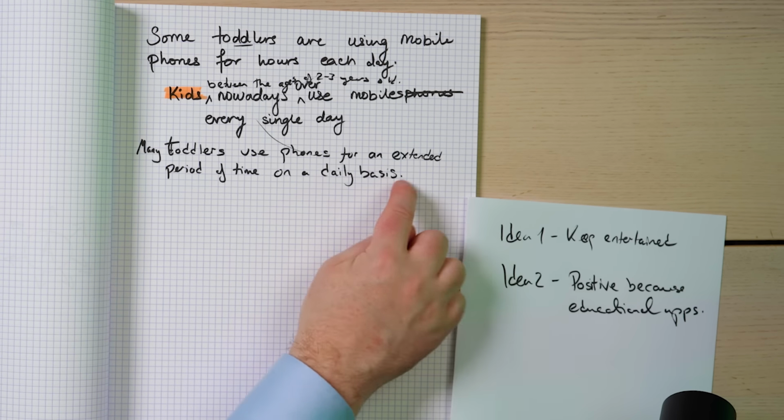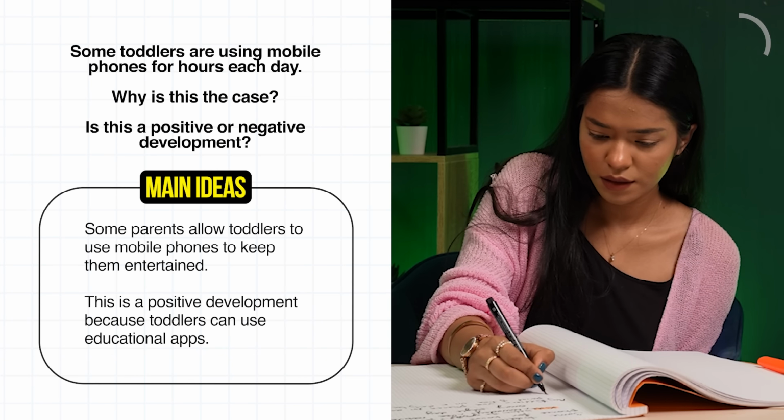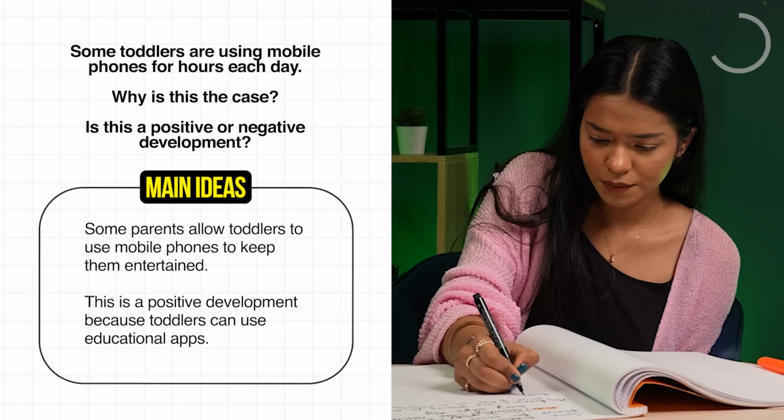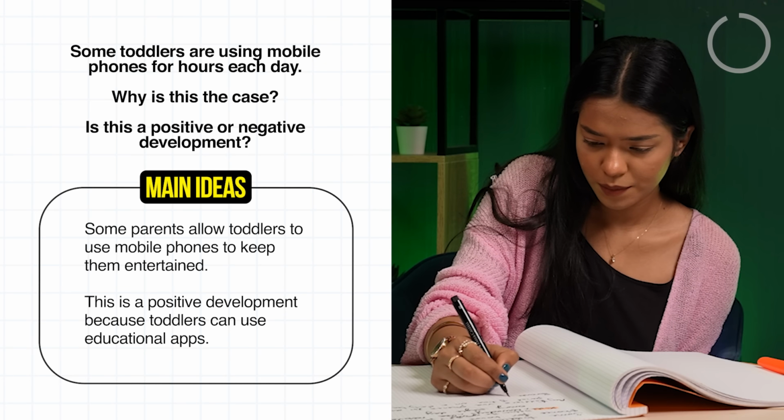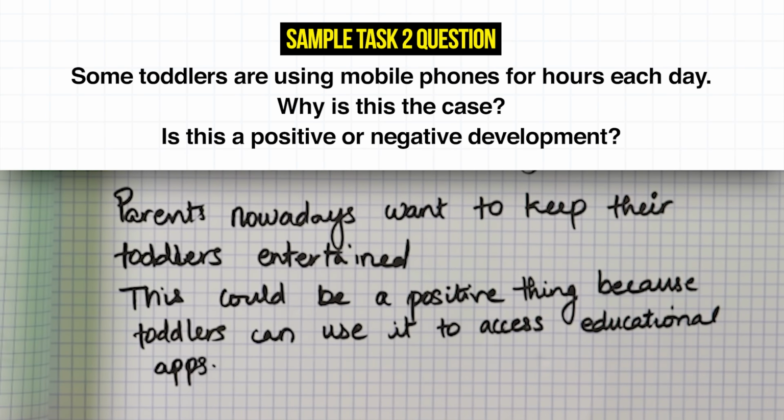So remember, what are our two ideas? What I would like you to do is just put them into a sentence. So parents nowadays want to keep their toddlers entertained. This could be a positive thing, because toddlers can use it to access educational apps.